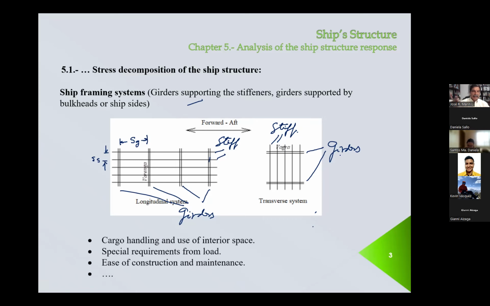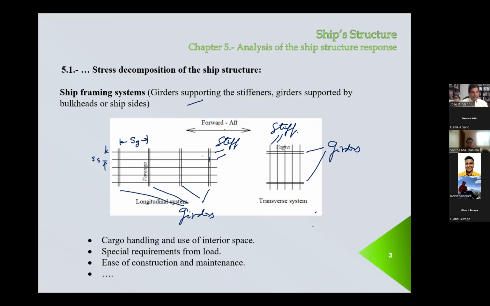Now, to select that, there are several considerations that people, or engineers, make, right? In a few seconds, I'm going to show you two figures or two plans from fishing vessels. One of those is built with the longitudinal, and the other is built with the transverse framing systems.